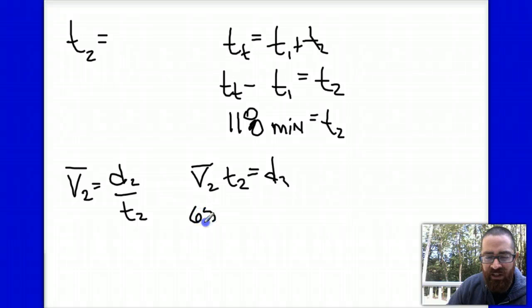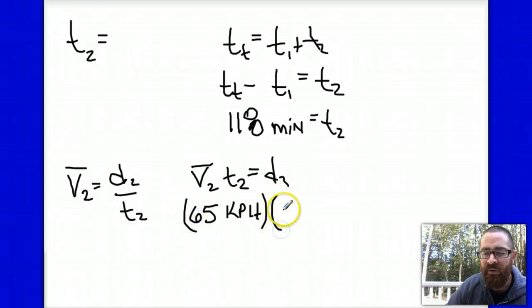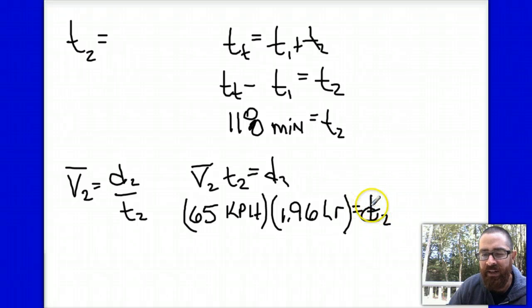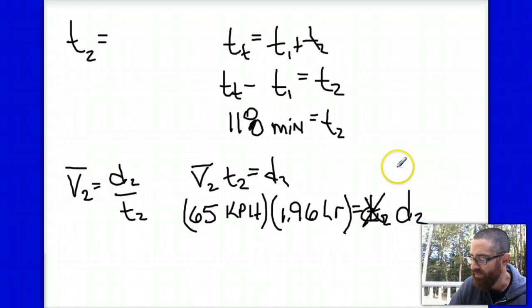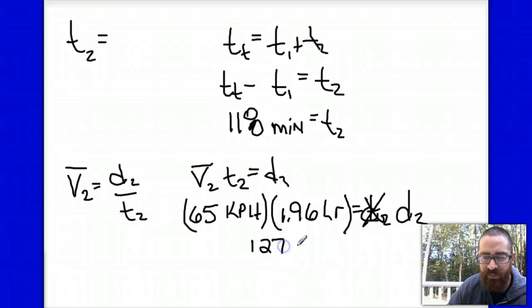So what I chose to do is leave it in kilometers per hour, which means that my time, which I figured out was 118 minutes, I had to convert to hours, and I got 1.96 hours. Of course, 118 minutes being just under 2 hours. That's equal to d2. So 65 times 1.96, I get 127.5 kilometers being my distance during the second interval.